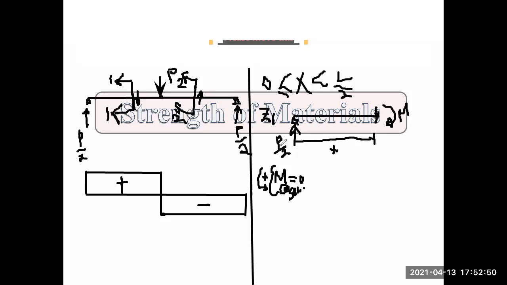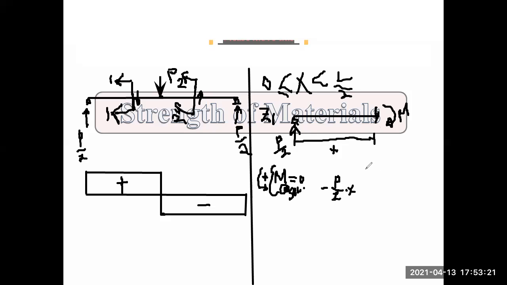A force about this cross section would develop a moment. So I have P over 2 as a force, to convert it into moment times X, because the distance is X. What sign convention? I assume counterclockwise. Is this a counterclockwise moment? No, so it's negative. Do I have anything else up to here? It seems I don't.